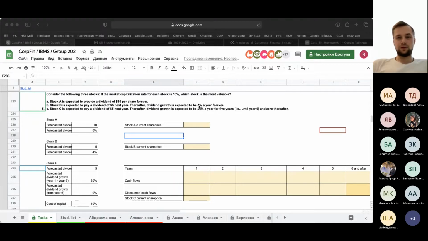Christina, I see that you have raised a hand. Well, don't forget about the perpetuity. Actually the dividends do not stop at year 6. They will be paid in perpetuity. Yes, but actually there will be no growth of dividends after year 6, right? So please check again.